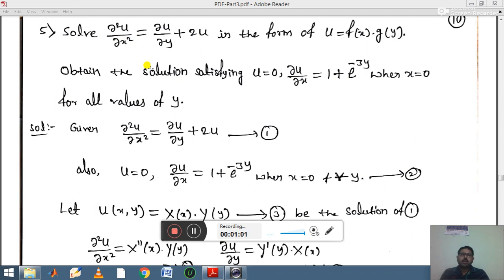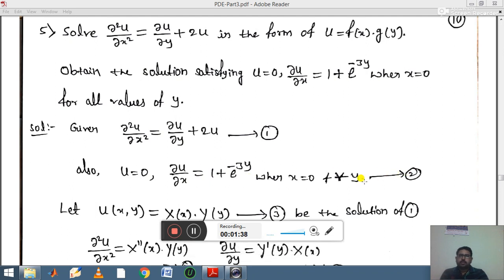It is somewhat different from first order differential equations, and you need to concentrate on the given condition. The given condition is u = 0, that is, the dependent variable value is 0, and ∂u/∂x, the first derivative with respect to x, is 1 + e^(-3y) when x = 0. Take the given differential equation as equation 1 and the given condition as equation 2.